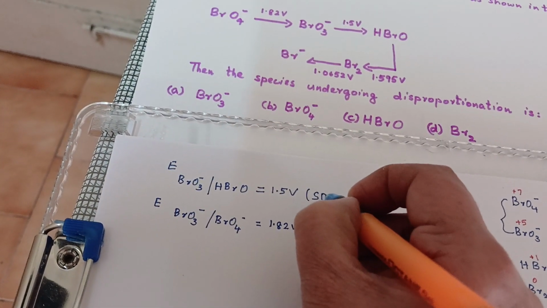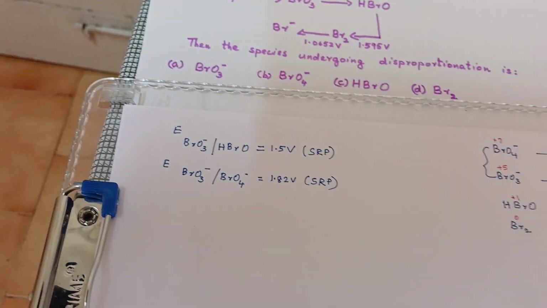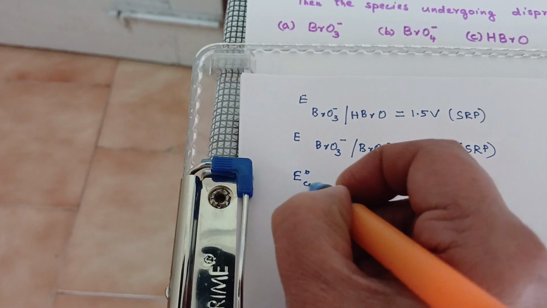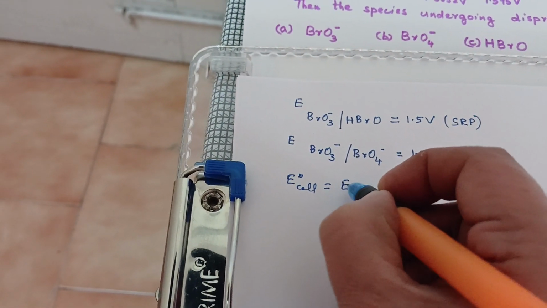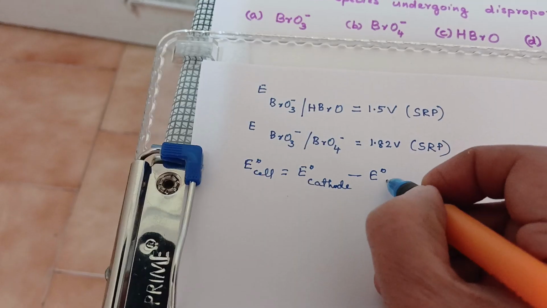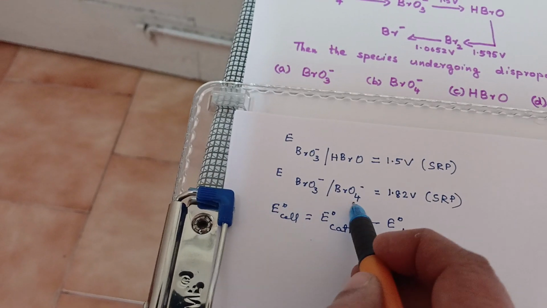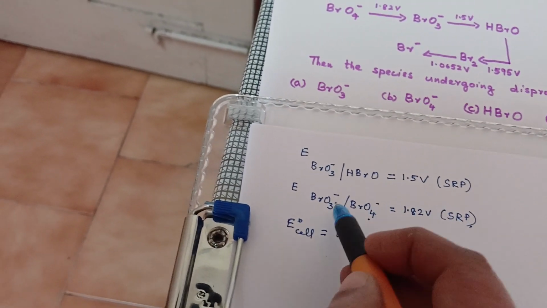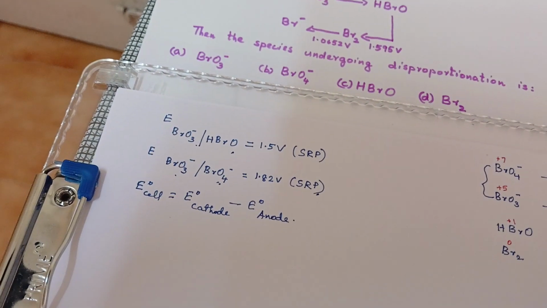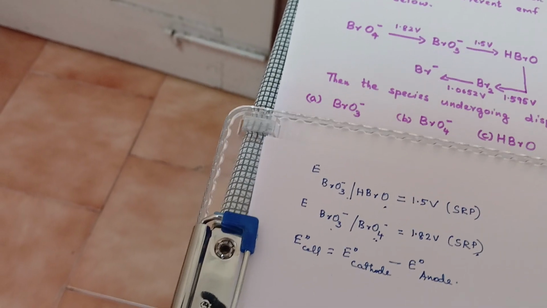Both these are reduction potentials. If we take like that, we can say E0 cell equals E0 cathode minus E0 anode. That is, this is oxidation, but the reduction potential is given. So this is the anode and this is the cathode. That is, here E2 is the cathode and E1 is the anode.